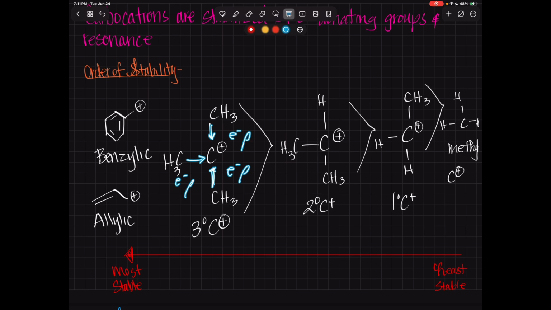So that's why a tertiary carbocation is more stable than a secondary, because in this tertiary carbocation, you have 1, 2, 3 donating groups, 3 carbons donating electron density, while on your secondary, you only have 2 groups donating electron density. And so on and so on, it falls off, right? You only have 1 group donating electron density in your primary carbocation.